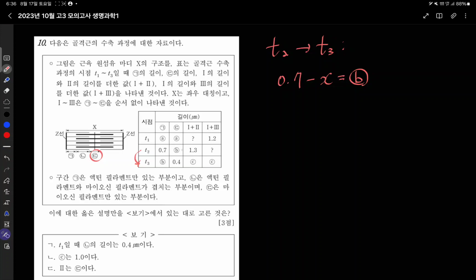So that means for the third part we need to subtract 2 times X. That's equal to 0.4. So if we add these two equations, X is 0.1 micrometer and the length of B is 0.6.